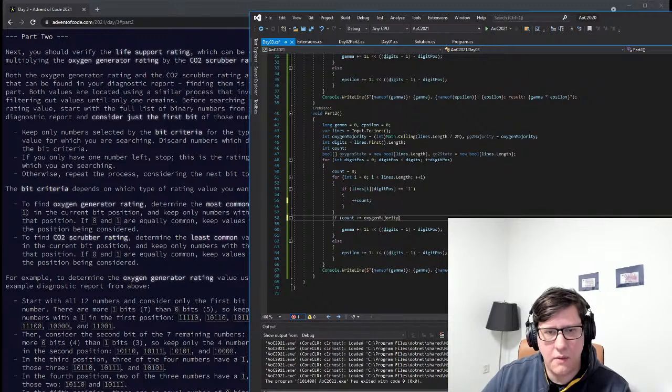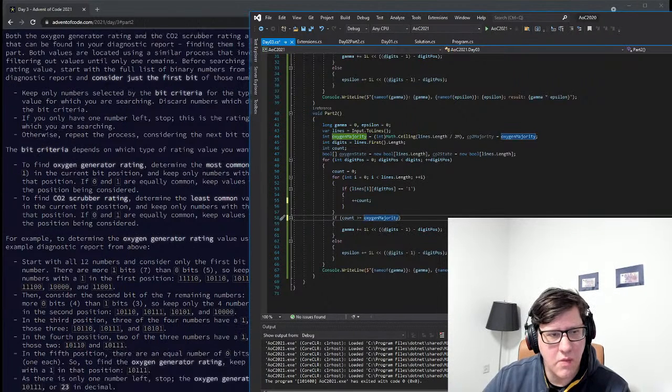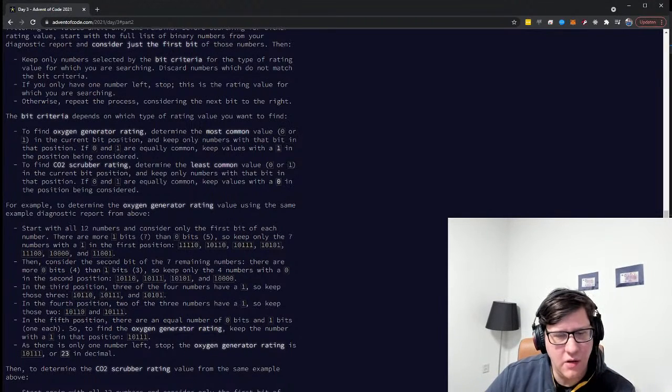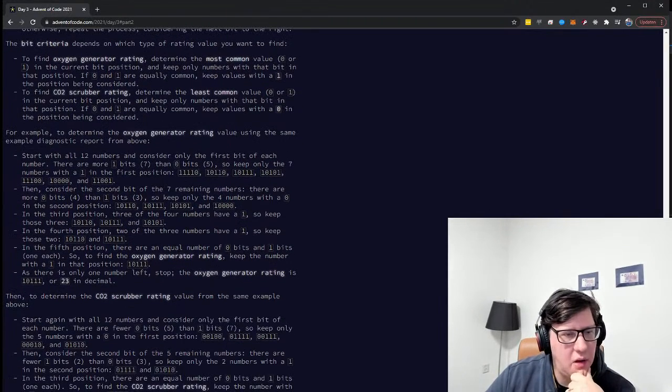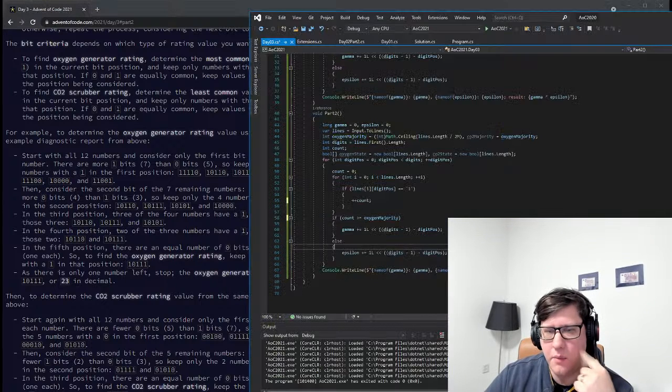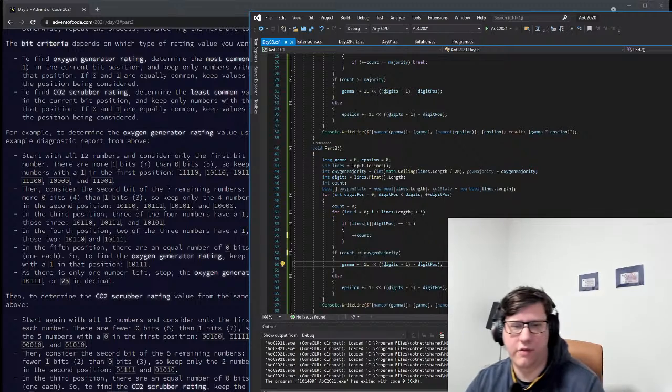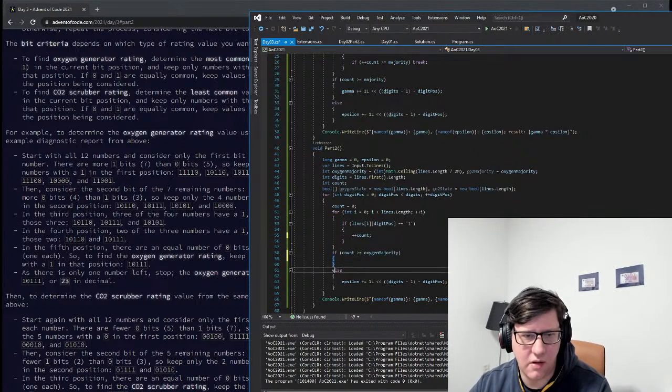So let's see. And I still need to do this part. Well, actually, I don't need to do this number building because it will end up with 1 row that we can then convert into decimal.